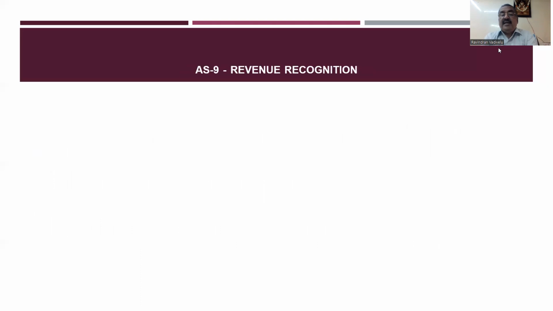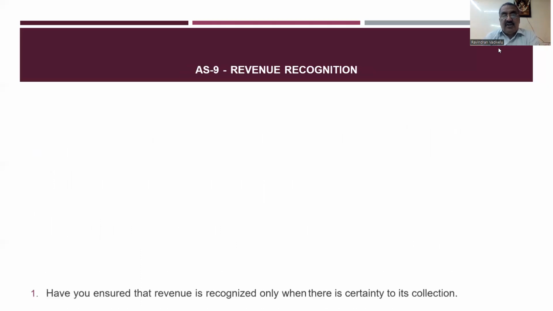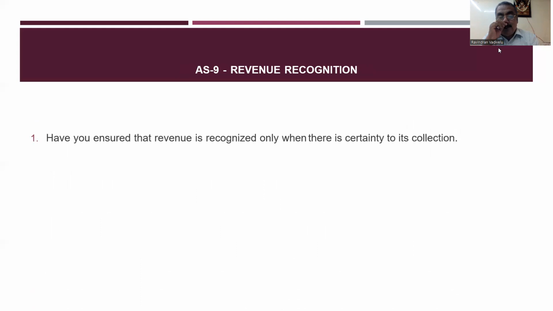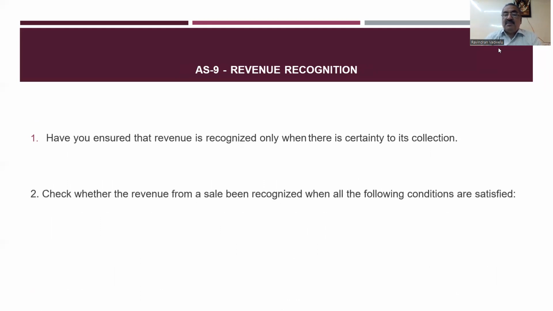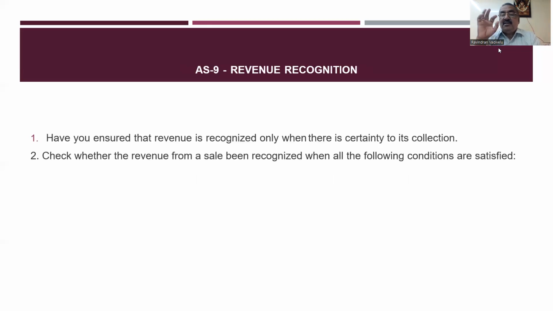Now we are moving to AS 9, that is revenue recognition. Have you ensured that revenue is recognized only when there is a certainty of its collection? Only when it is possible to collect the amount, whether the revenue is being entered properly. That is, when you pass the entry, just like rent receivable account debit to rent account, it's possible that you will receive the amount.